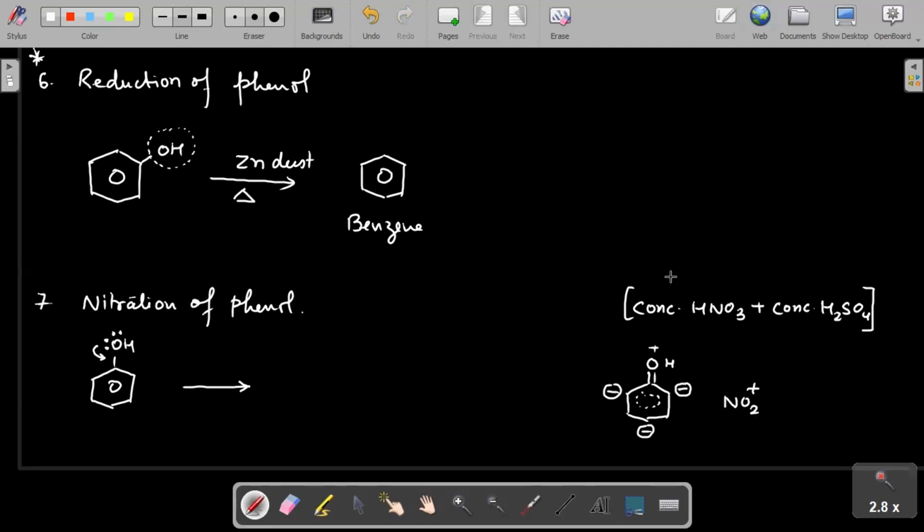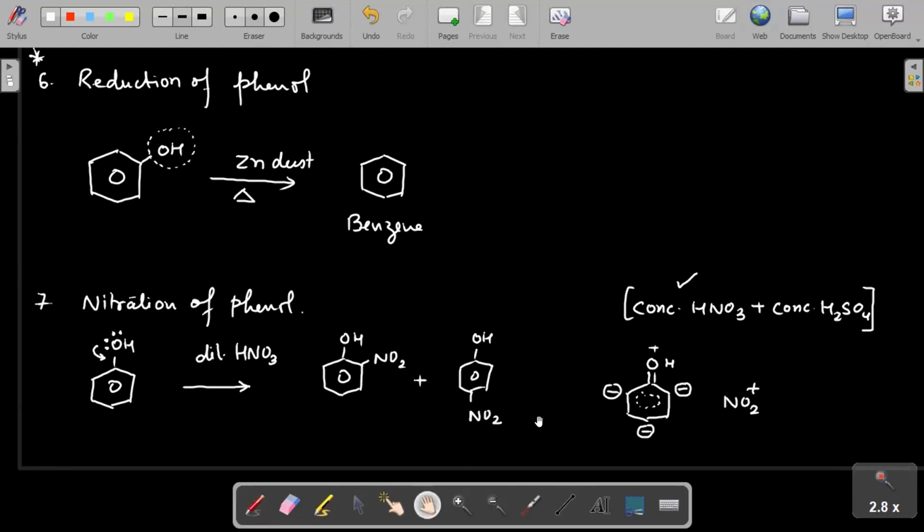So here we do not need a very strong condition for nitration. We just need dilute nitric acid HNO3, and nitration takes place easily. So phenol gives NO2 at the ortho position as well as on the para position. This is the para position. Now, which is more stable? Para nitrophenol is more stable.